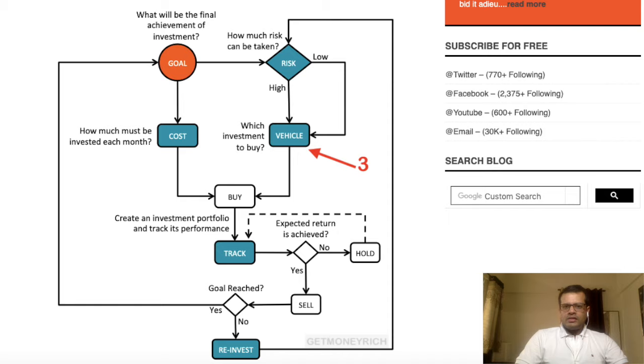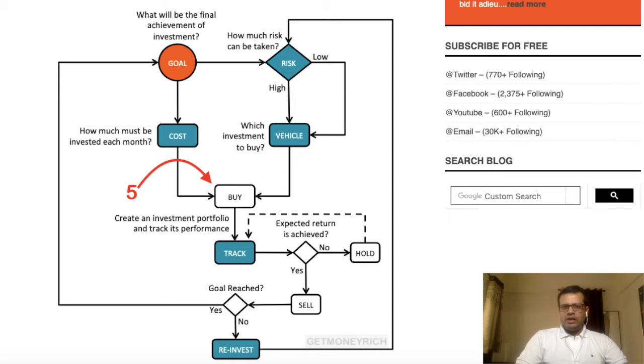The next step is vehicle selection, means which investment vehicle we want to select for our investment. So we have seen a goal, we have seen the risk and return analysis, we have seen the investment vehicle selection, and parallel to all this, we also have to do a cost analysis of our investment.